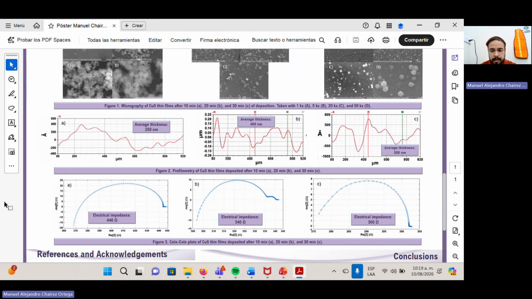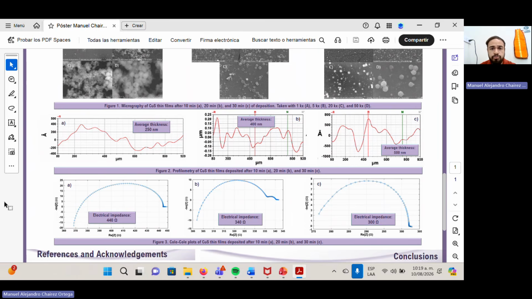And lastly, we obtained the electrical impedance spectroscopy for every thin film. We have a 440 ohms measurement after 10 minutes of deposition.